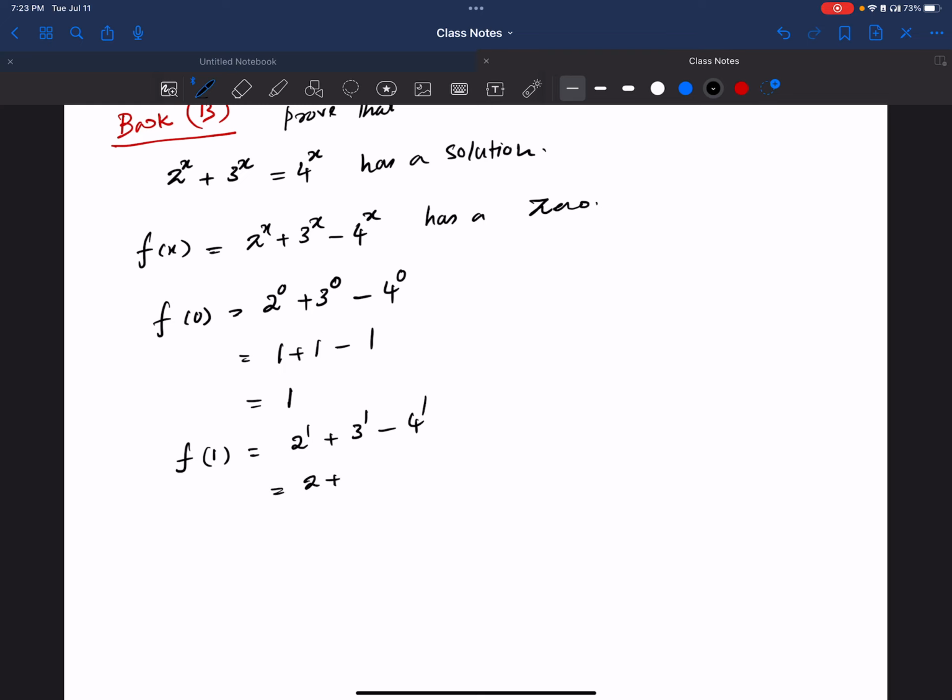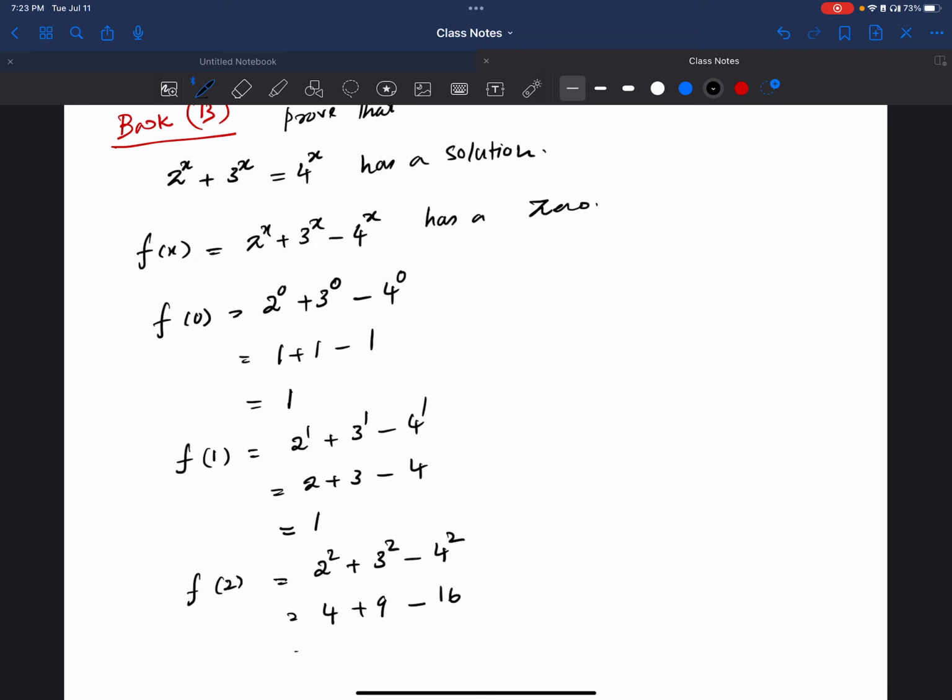This is 2 plus 3 minus 4, which is 1 again. And I take f(2): 2 squared plus 3 squared minus 4 squared. This is 4 plus 9 minus 16, which is minus 3.